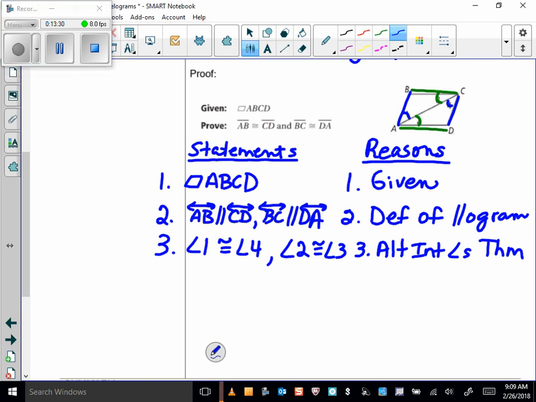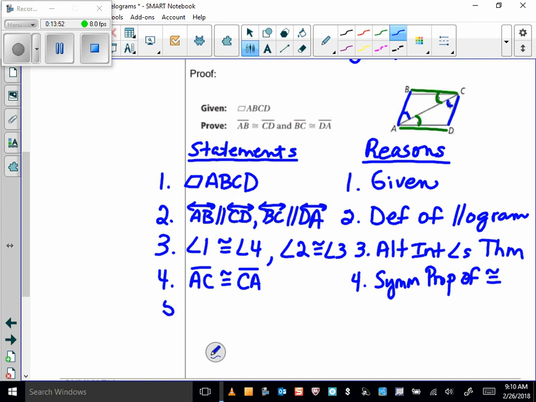Now what I can do is I can say AC is congruent to CA. I have to be careful and look at my direction, and that is going to be the symmetric property of congruence. And then I can say those two triangles are congruent, right?